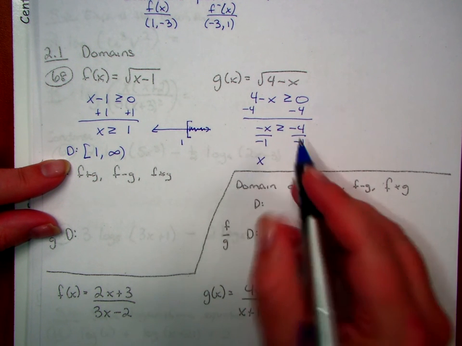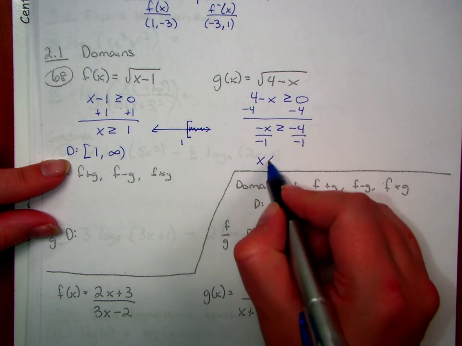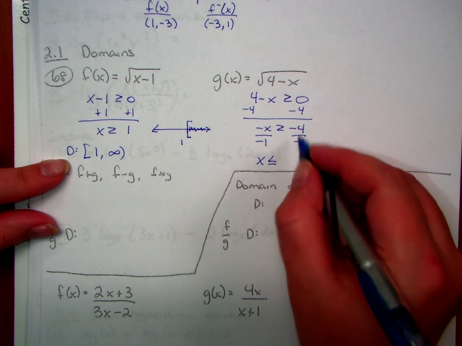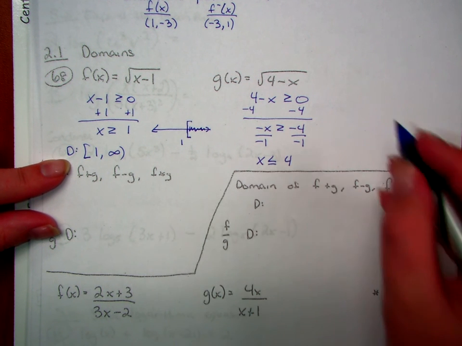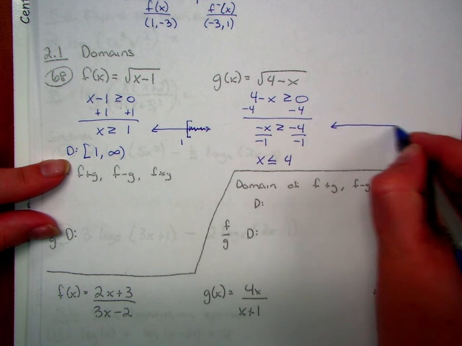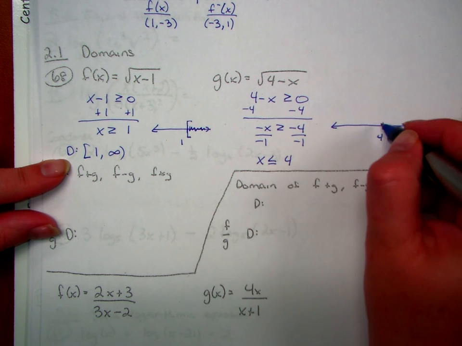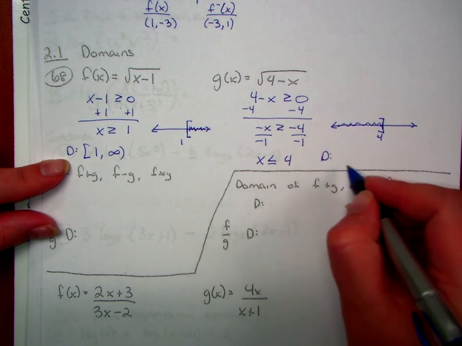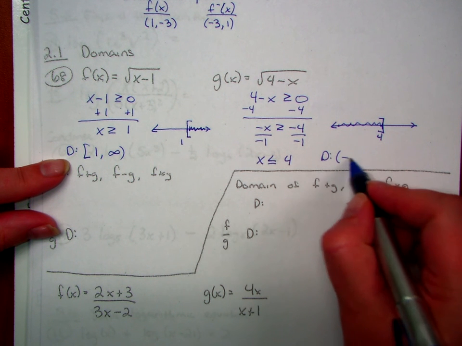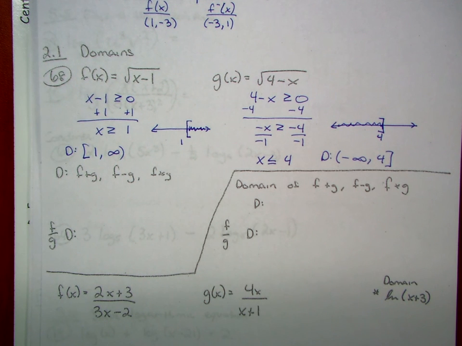Remember what happens when you divide an inequality by a negative: you have to switch the direction of the inequality. Negative 4 divided by negative 1 is positive 4. To write the interval, we want numbers less than 4, to the left, so my domain is negative infinity to 4, ending with a bracket.